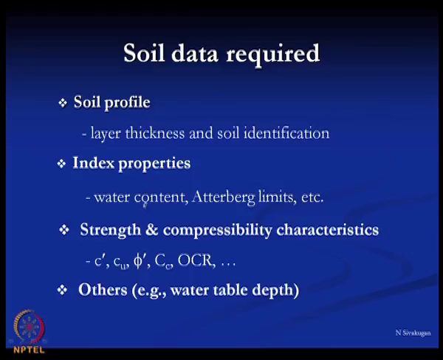Then the index properties; in the first lecture I mentioned index properties like water content, Atterberg limits, etc. Then strength and compressibility characteristics, that means c dash the cohesion, undrained cohesion of the soil, phi dash the internal friction angle of the soil, Cc the compression index, and OCR the over consolidation ratio. So, these things we should know. Then the other is the location of the groundwater table, where it is located.